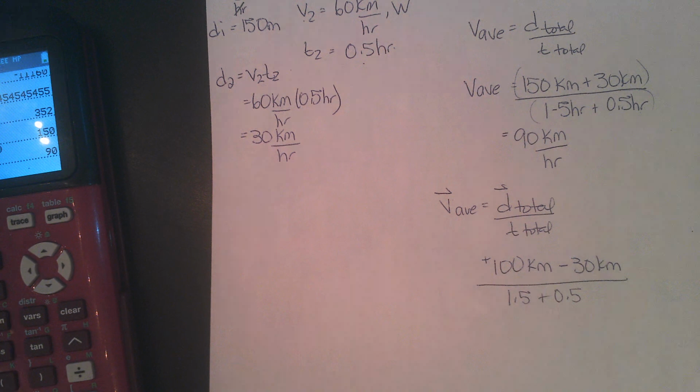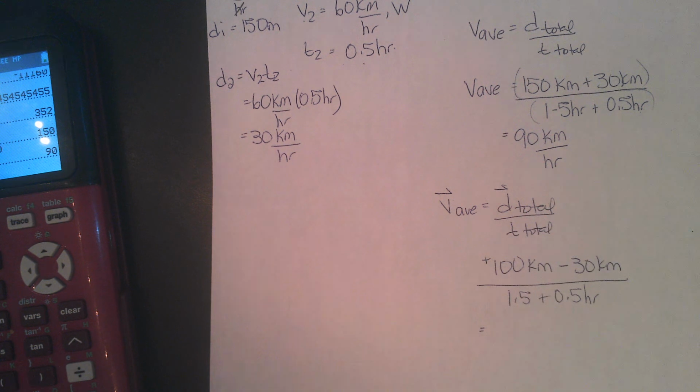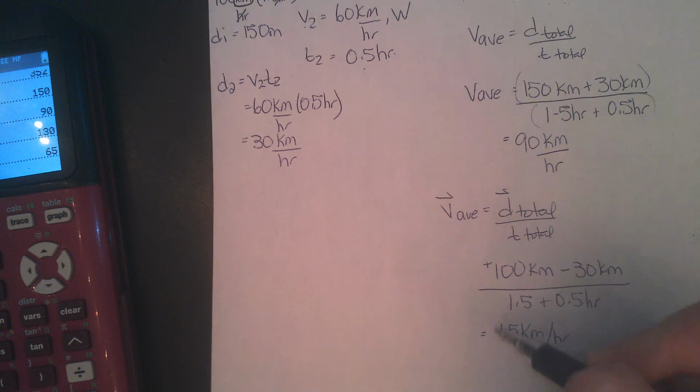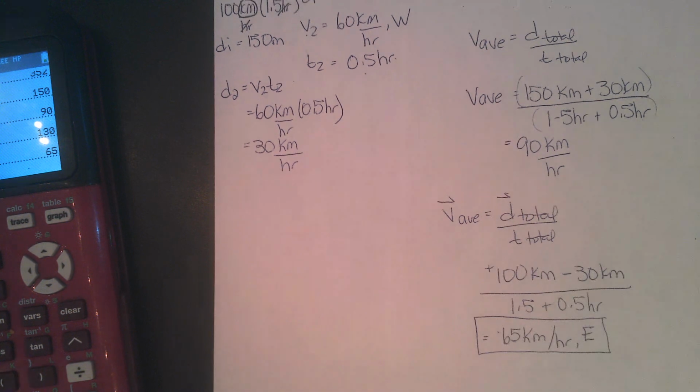Well, I shouldn't say that. Time can't be taken away. There's a difference between the two. So 100 minus 30 divided by 2 hours is 65 kilometers per hour. My number is a positive number, and so overall they were traveling 65 kilometers per hour east.